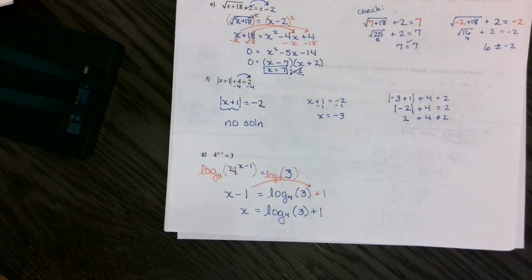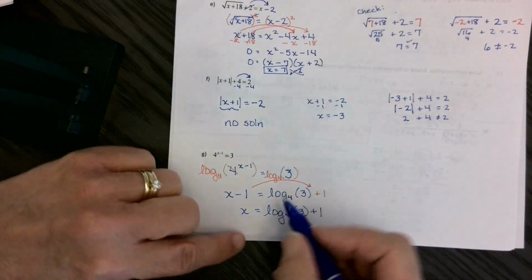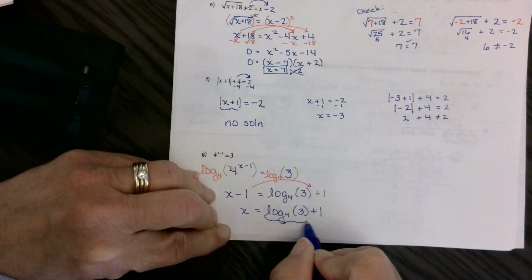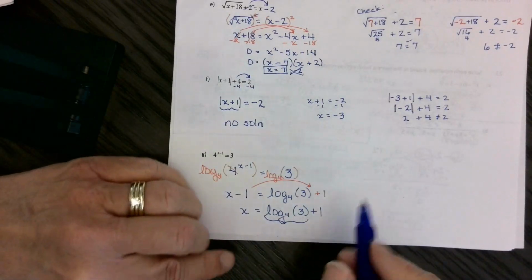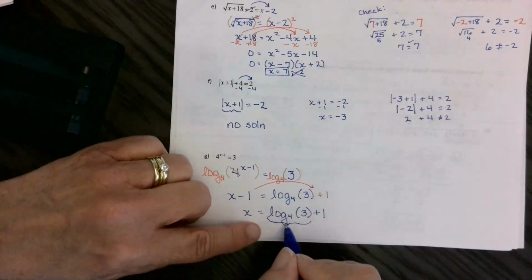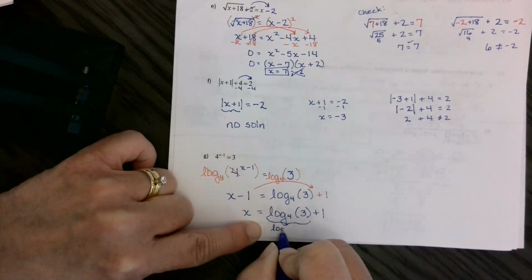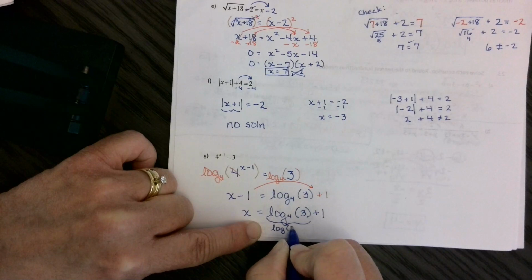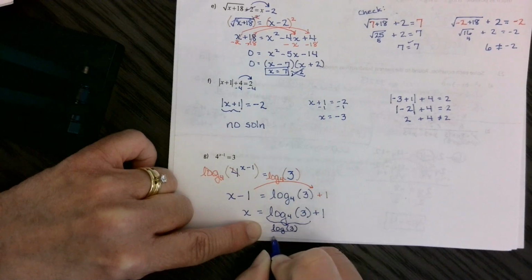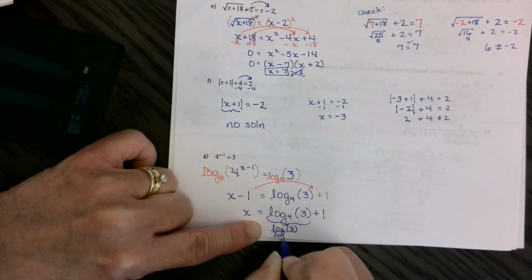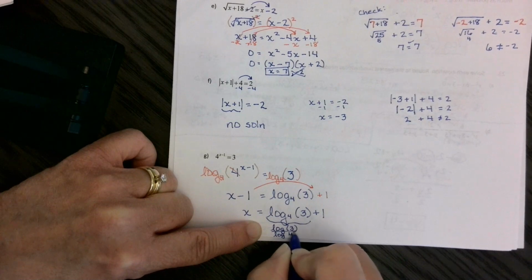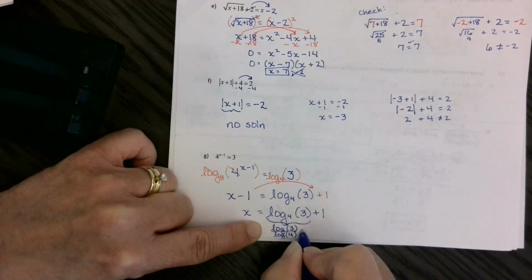You will not see this as a multiple choice answer. You won't see the decimal answer either. This is what you're going to see. They're going to make you know the base change formula. So how do I write this using the base change formula? You're going to say log of 3 over the log of our base, because remember, base goes on the bottom, plus 1.